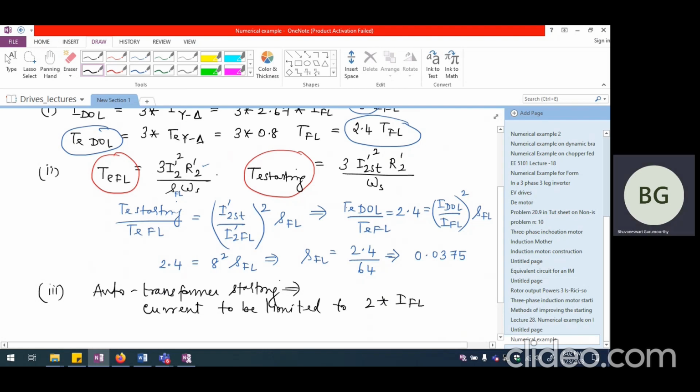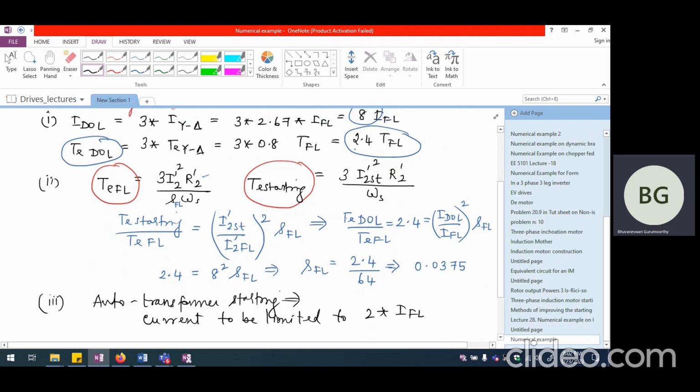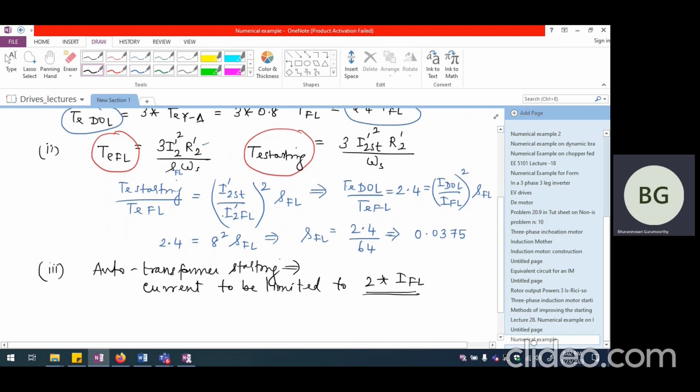So normal direct online starting current is 8 times I full load, but that has to be limited to 2 times I full load. So I can write I auto transformer starting divided by I DOL starting will be equal to 2 times I full load divided by 8 times I full load. So it is going to reduce it to 1/4 of the original value.